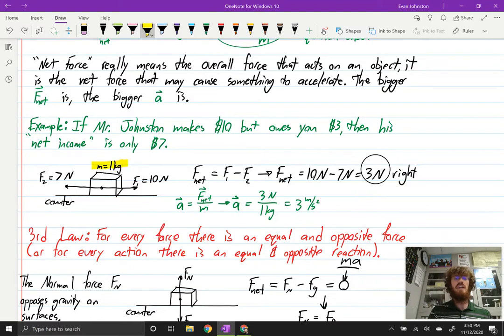If we know the block has a mass of 1 kilogram, and we know now the net force, we could go, hey, we know F net and we know M, let's find the acceleration. So we can plug directly into the version on our AP equation sheet, and we can get that this has an acceleration of 3 meters per second squared, or 3 meters per second per second.